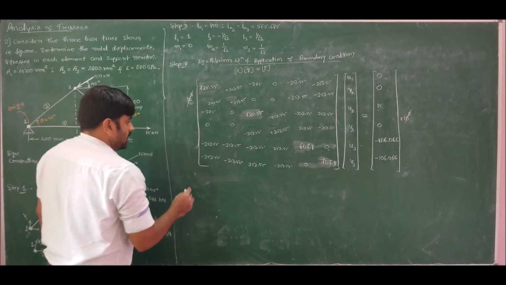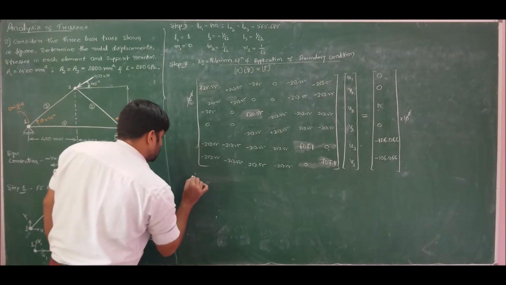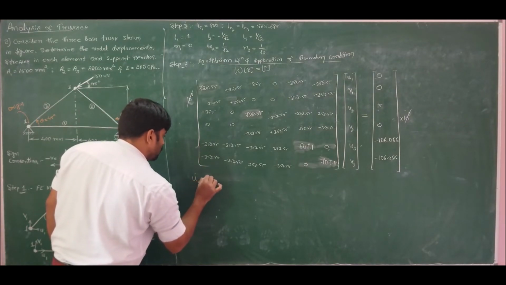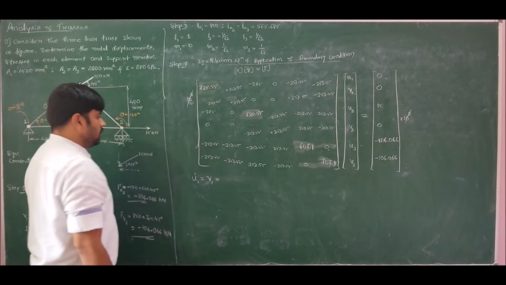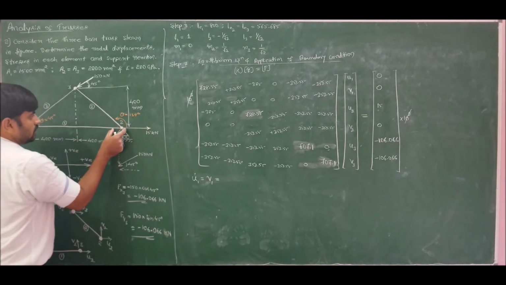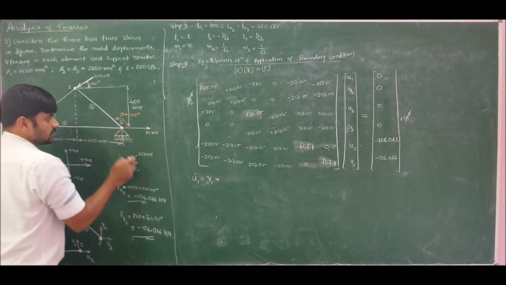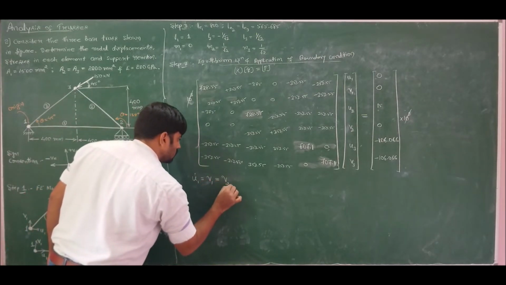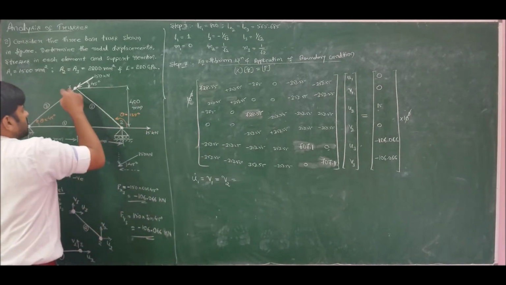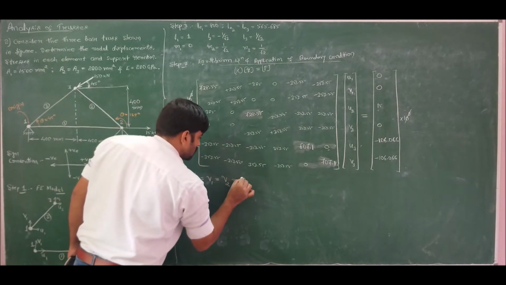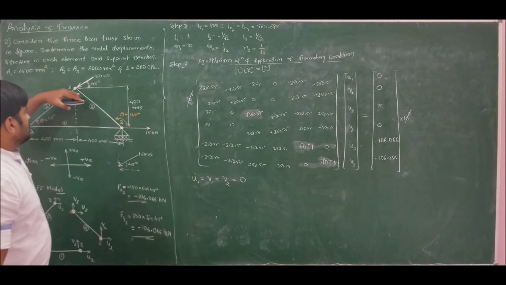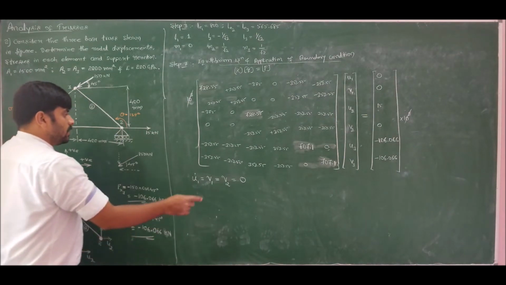Now applying the boundary condition using elimination method, node 1 is fixed, so therefore U1 and V1 are equal to 0. If you observe node 2, we have roller support, therefore it can move along x-axis, but it is fixed in y-axis, so therefore V2 is 0. Coming for node 3 is completely free, so therefore I should calculate both U3 and V3. So this is the boundary condition.